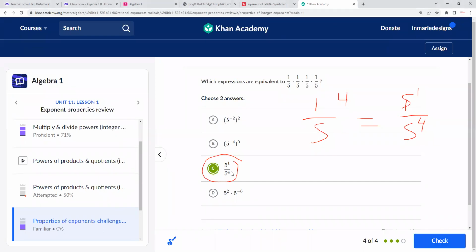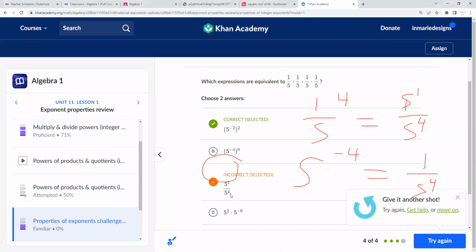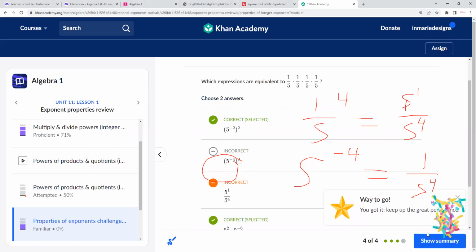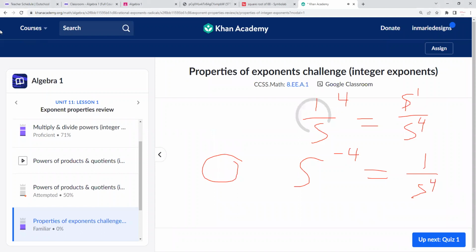And this would also be equivalent to that, because if you had 5 to the -4th, you would just rewrite it as 1 over 5 to the 4th. Oh, wait, hold on. That would get you -3. That's not one of them. Oops. That would be 0. This would be -4. Okay, that one works too. So actually those two.